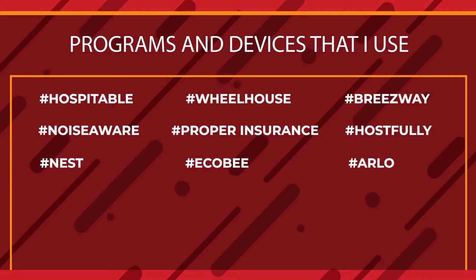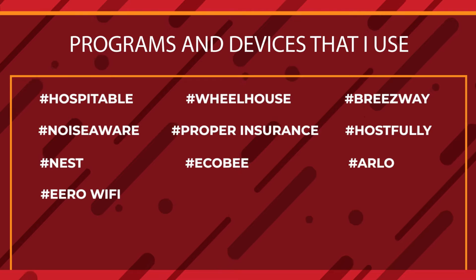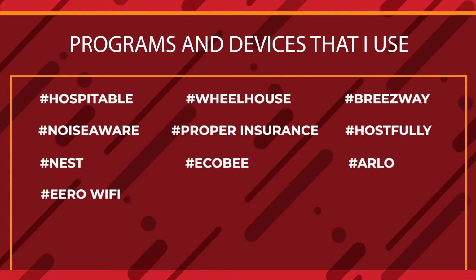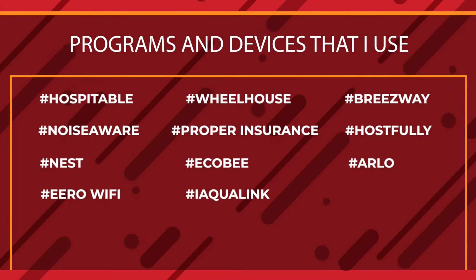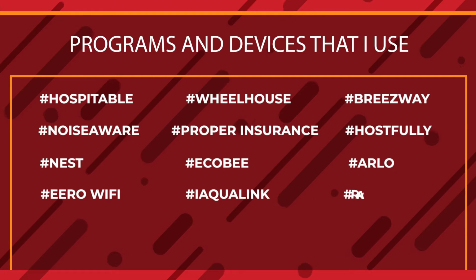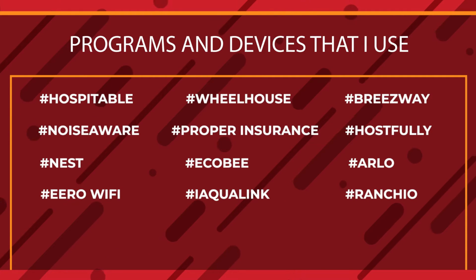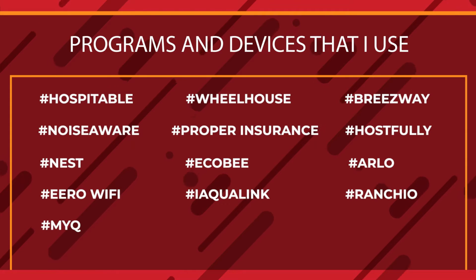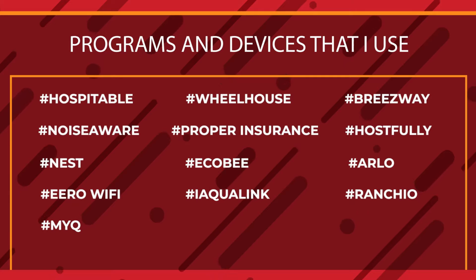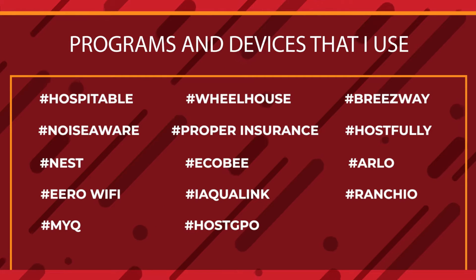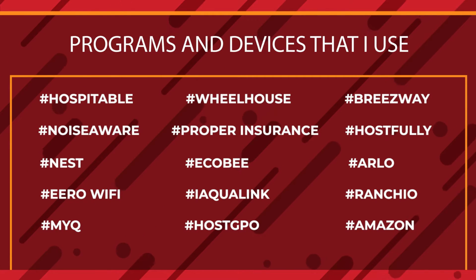Arlo for front door cameras, Eero Wi-Fi so I get a stronger Wi-Fi boost, Aqualink, which is for a pool if you have one, and Rachio, which is for your outdoor watering system for your plants and whatnot. A company called MyQ. For all my furnishing and whatnot, I use a company called HostGPO, which is a private membership. And then I use Amazon. So those are the main programs that I use every single day.